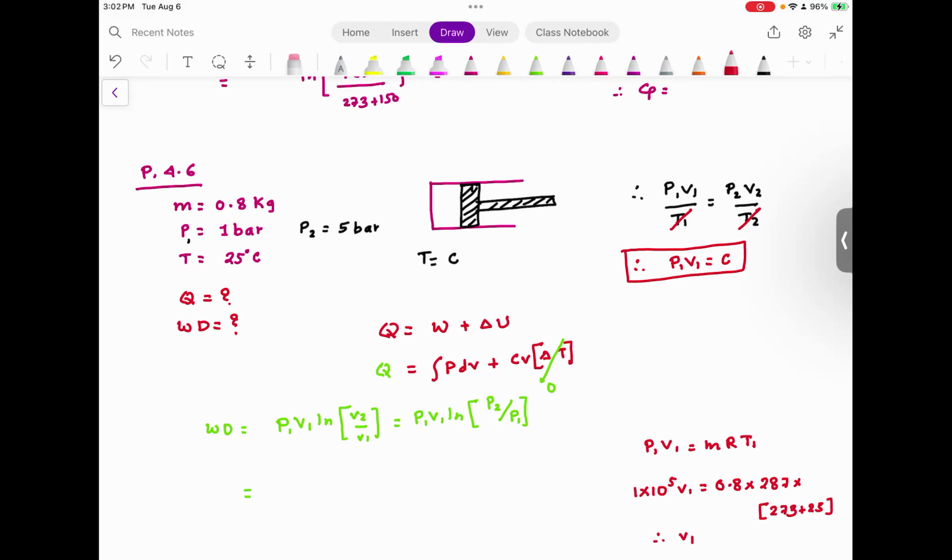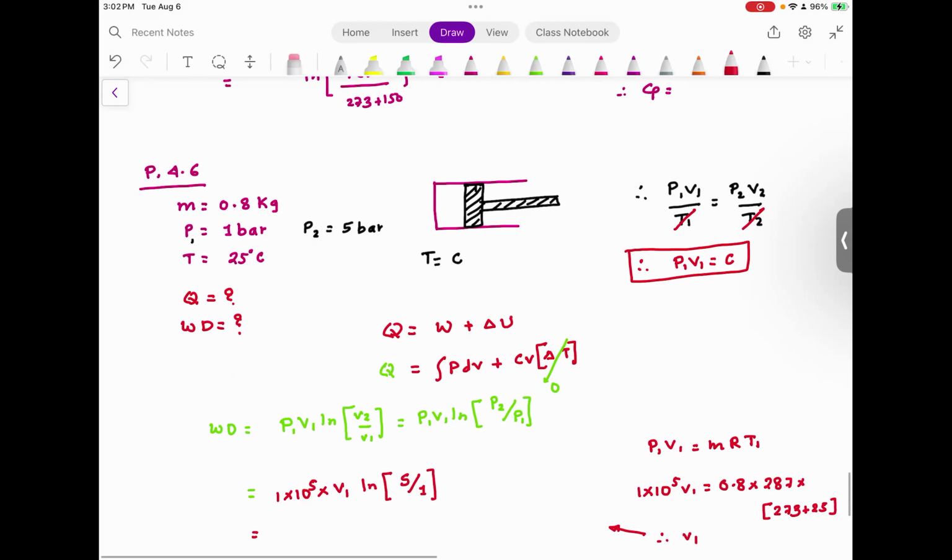Substitute the value of P1 V1, value of V1 which comes from here, ln P2 is 5 divided by 1, and that gives you the work done.